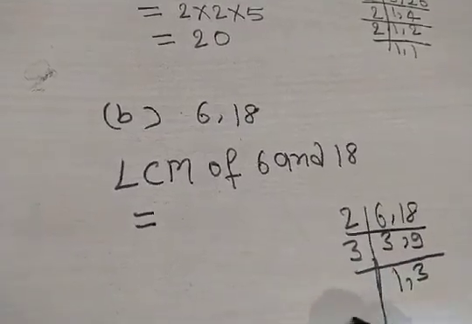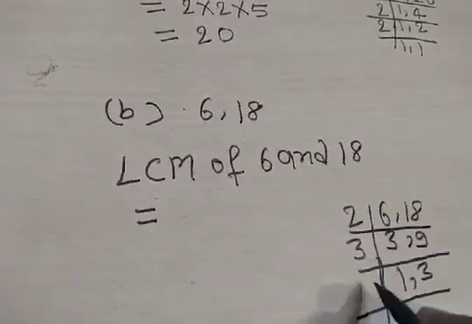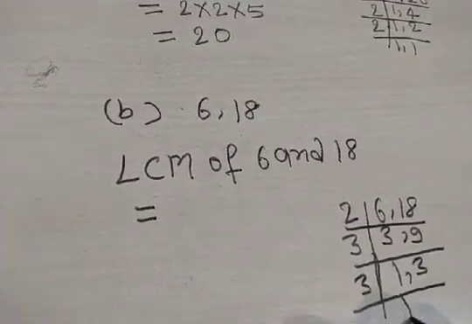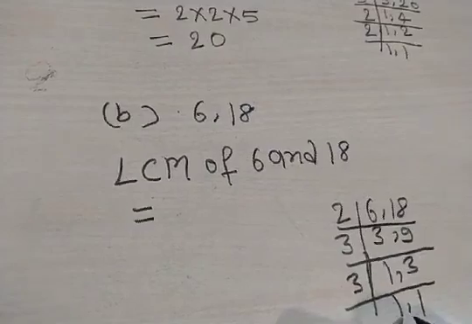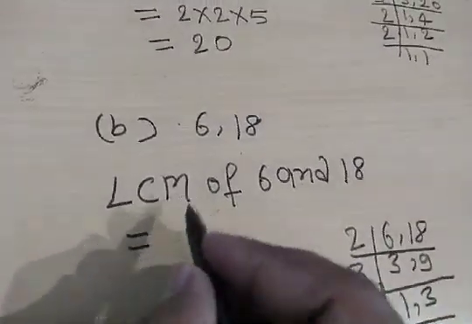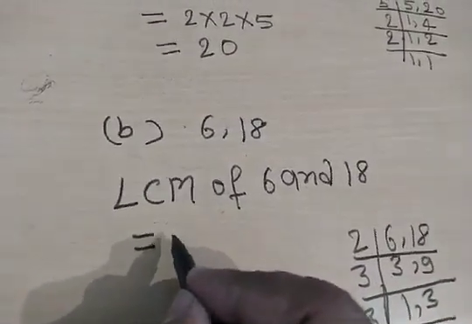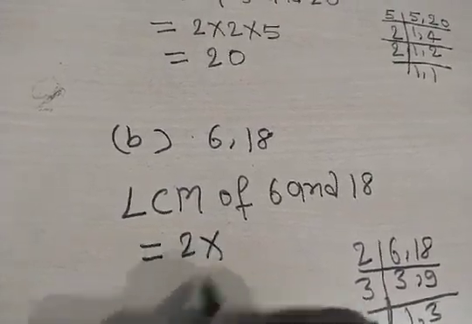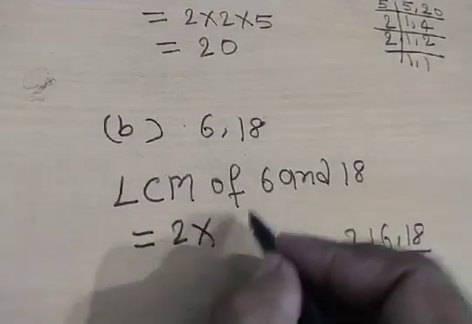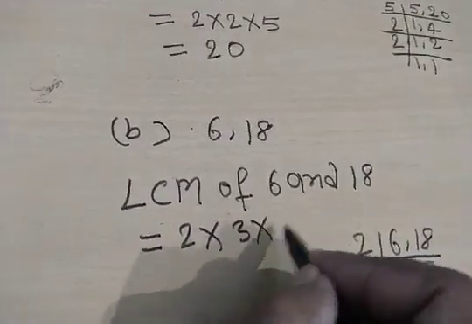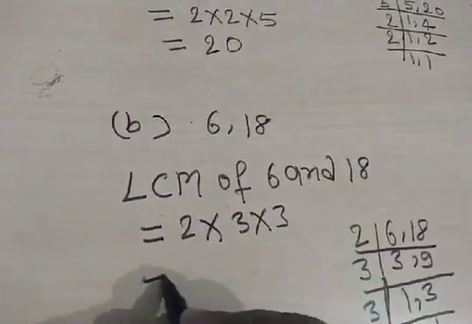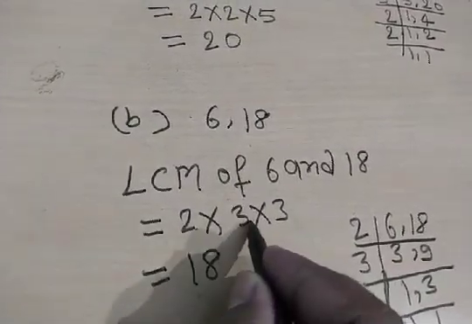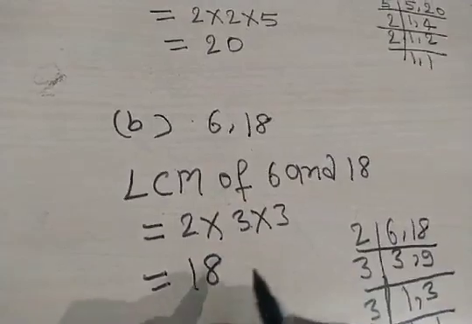Clear? Now again we select prime number 3, so we obtain here 3 ones are 3. So the LCM of 6 and 18 is 2 into 3 into 3. 2 threes are 6, 6 threes are 18.